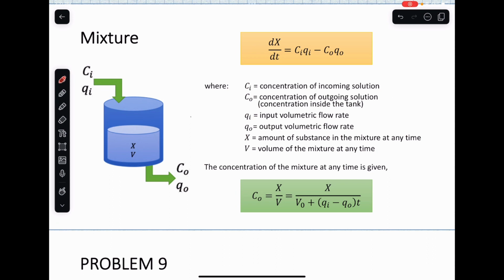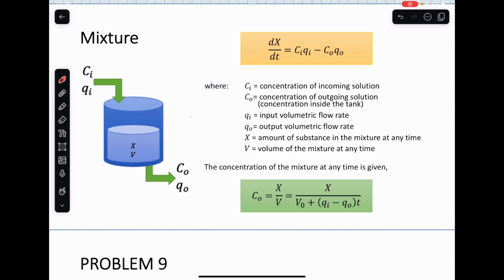Again, X usually is in the form of a mass. V is the volume of the solution inside the tank, usually measured in liters, gallons, or cubic centimeters. Those are the parameters for the solution inside the tank.